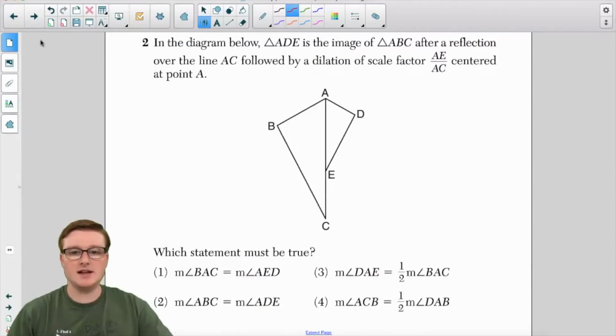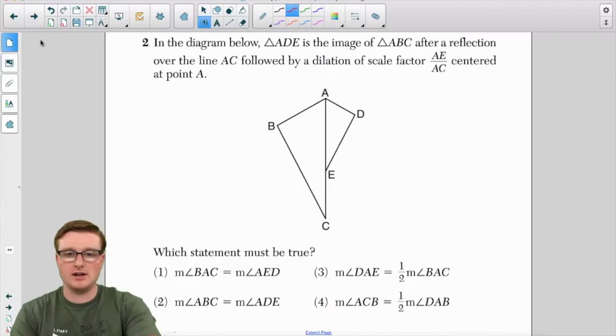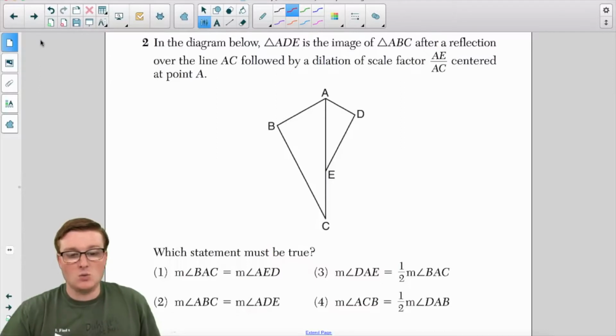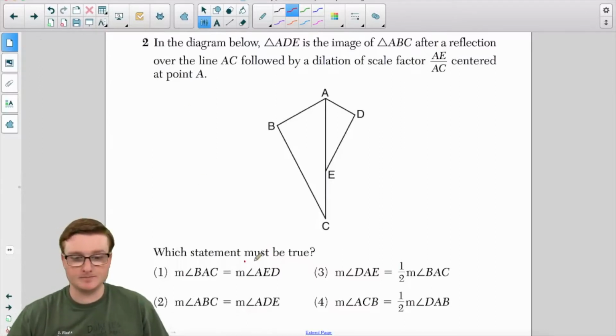Question number 2. In the diagram below, triangle ADE is the image of triangle ABC after a reflection over the line AC, followed by a dilation with a scale factor of AE over AC centered at point A. Which statement must be true?